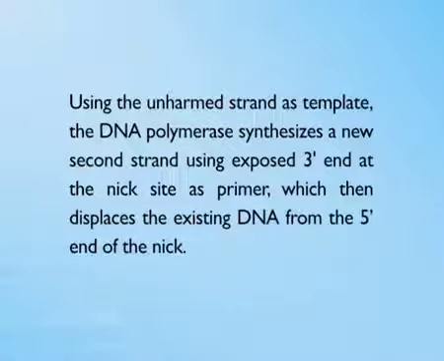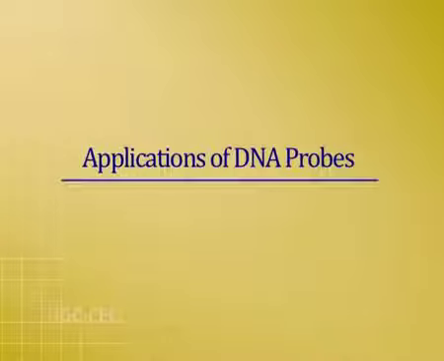Using the unharmed strand as template, the DNA polymerase synthesizes a new second strand using the exposed 3' end at the nick site as primer, which then displaces the existing DNA from the 5' end of the nick. Radioactive nucleotides are incorporated into the new strand, so a single stranded probe is created when the duplex DNA is denatured. Probes can be labeled either by radioactive isotopes or by non-radioactive molecules such as biotin, digoxigenin, etc.